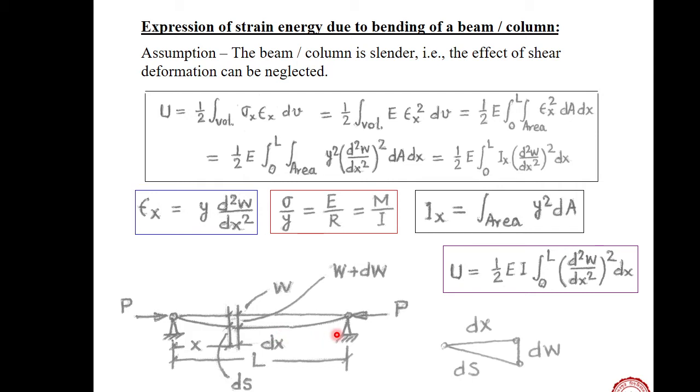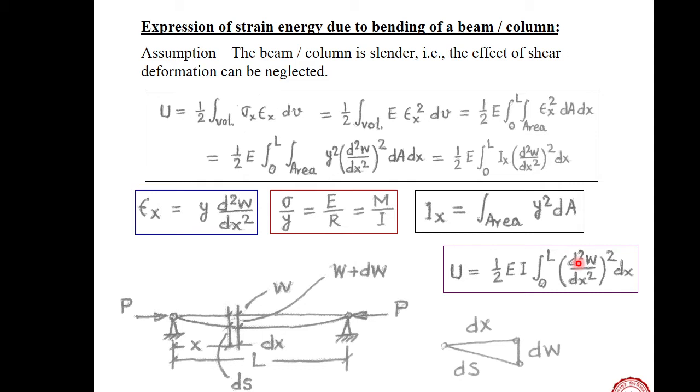Okay, so that much you know. Yes. So ultimately this expression of strain energy becomes like this. If this is a constant cross section column, we take I as a constant, it becomes half EI and whatever is there within the integral. Clear? So for a constant cross section, this is the expression of our strain energy.